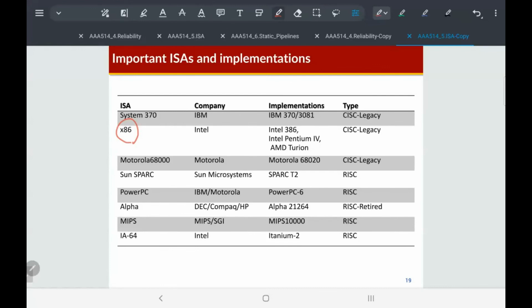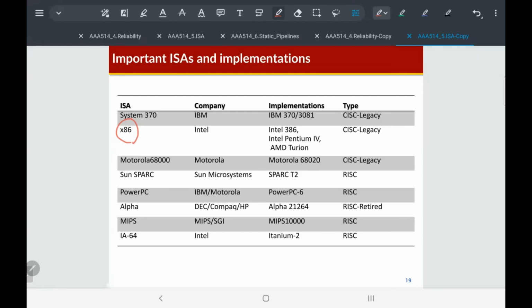And then Motorola developed its own 800 type ISA. You know, actually the Motorola chip was used by Apple, but Apple does not use the Motorola CPU now.